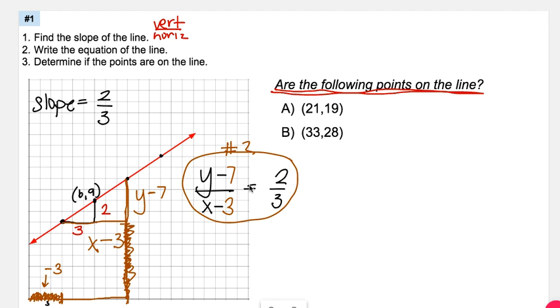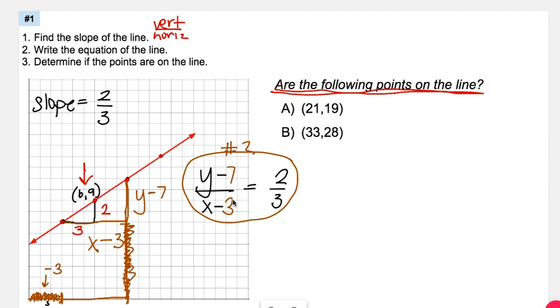I want you to actually see that what I'm going to show you actually has some truth behind it. See this point here, 6, 9? We know that point (6, 9) is on the line. We see it right here. I know for sure it's on the line. I know this point is on the line. I know this point is on the line. I know this point is on the line.